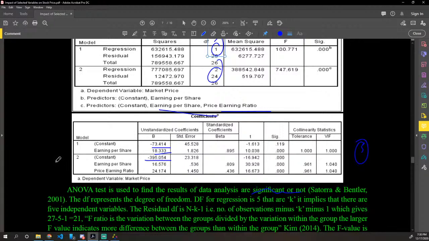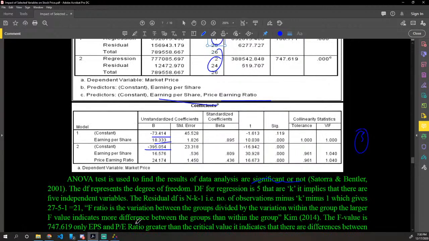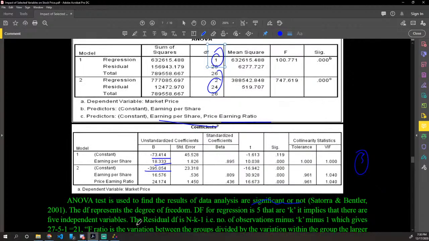So the F ratio is the variation between the groups divided by the variation within the group. The larger F value indicates more difference between the groups than within the groups, right?